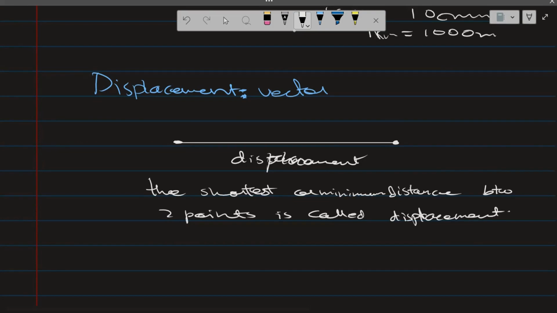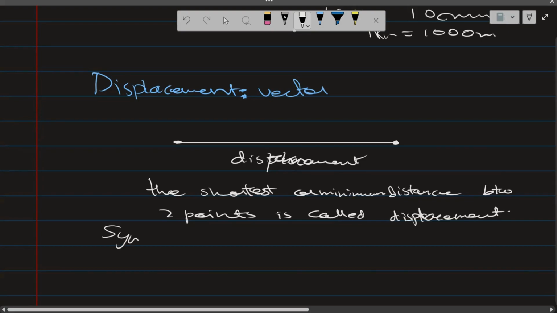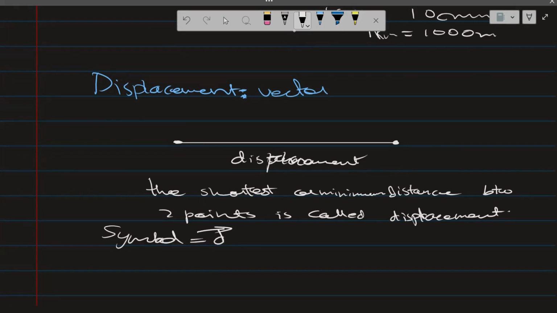So the straight line distance between 2 points can also be the other definition of displacement. It is in a direction. Its symbol is also d, but with an arrowhead because it is a vector quantity. Hence it has an arrowhead, and we are done with this.